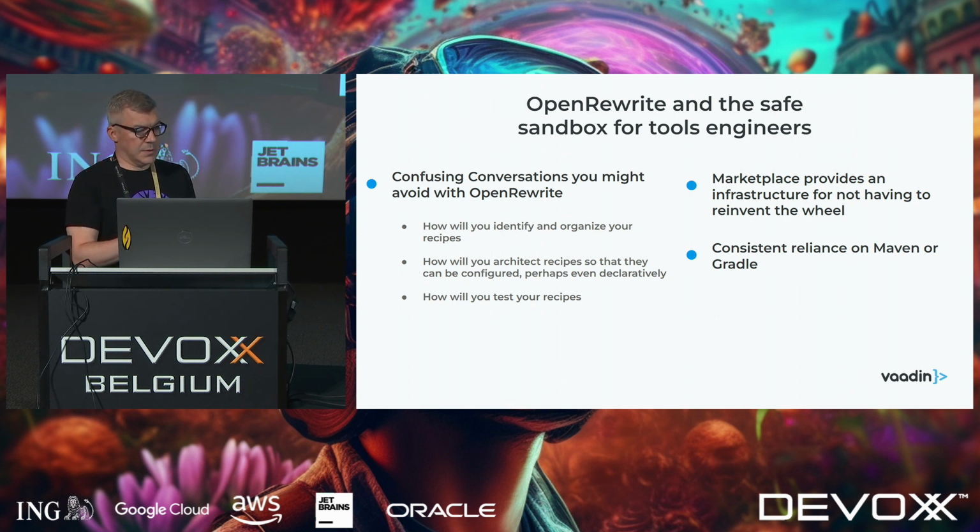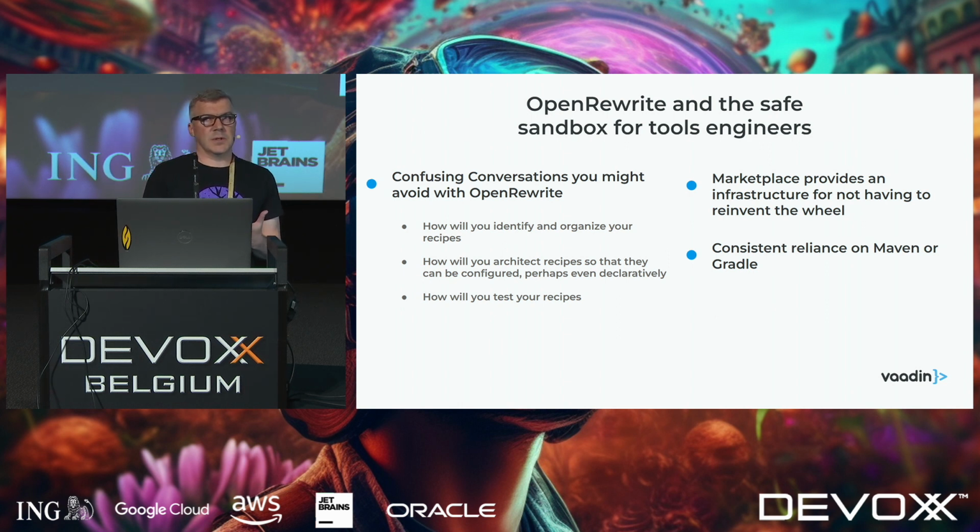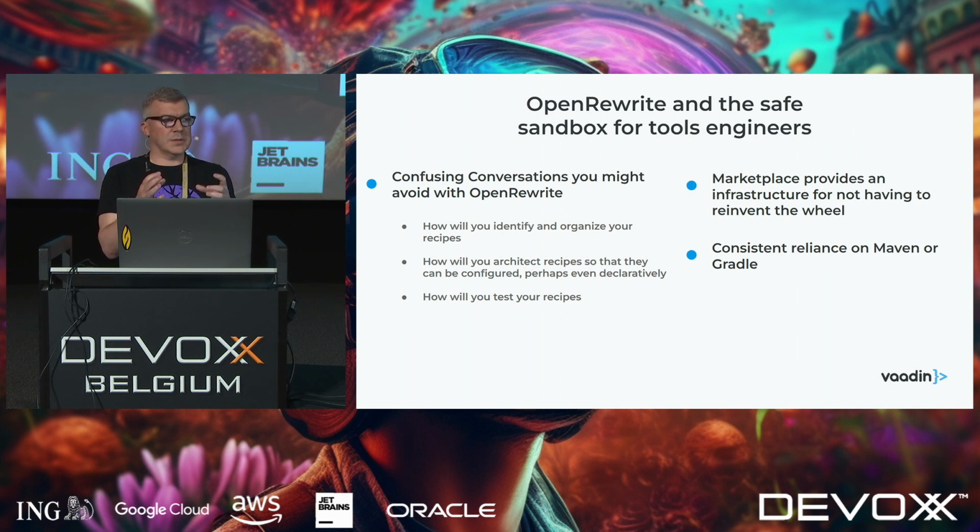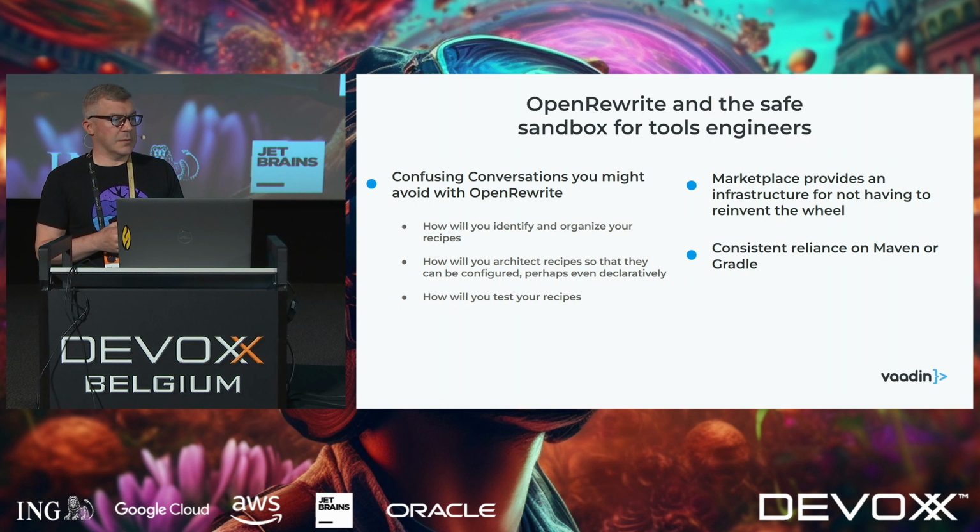Another thing is including a description with a recipe, but you can also include a test with a recipe. Sometimes a test of a recipe is the best documentation that you can have, where you can say, okay, considering this input of code, we want this as output of code, and that is what this recipe does. And that can make things much clearer, especially if the logic is quite complicated and you need to write a lot of things in Java.